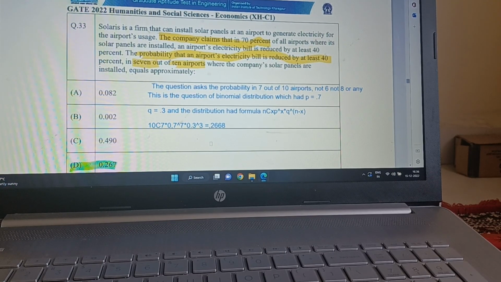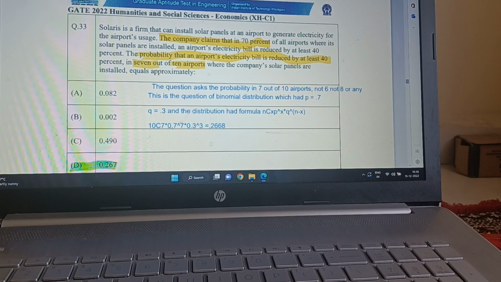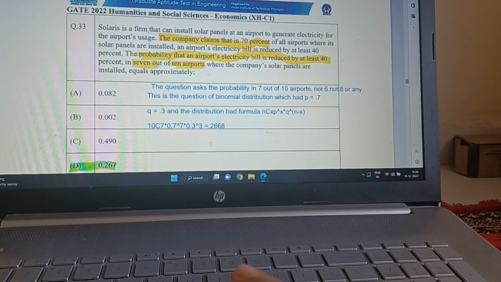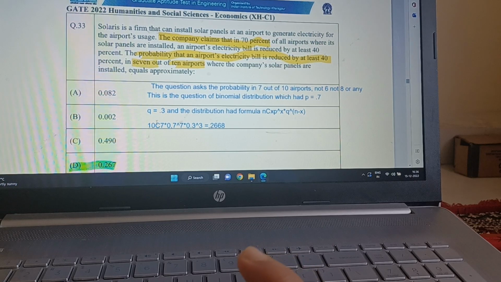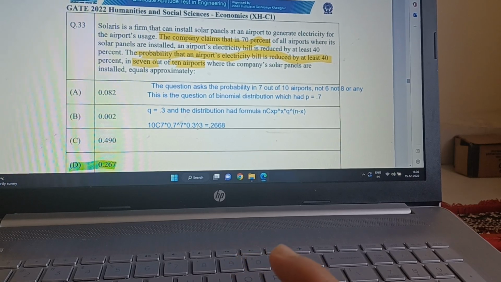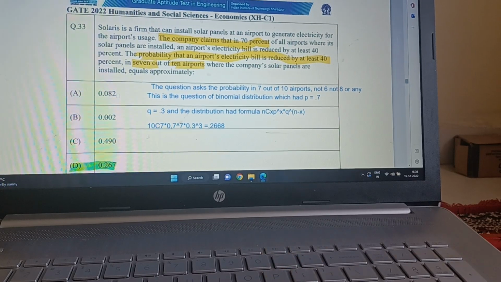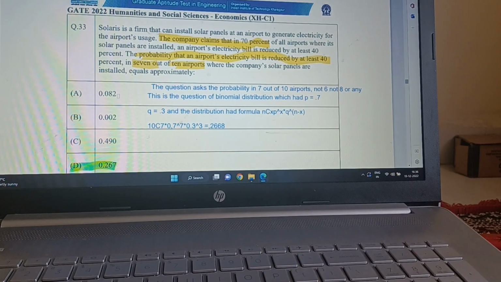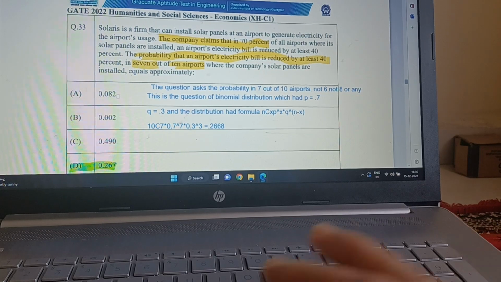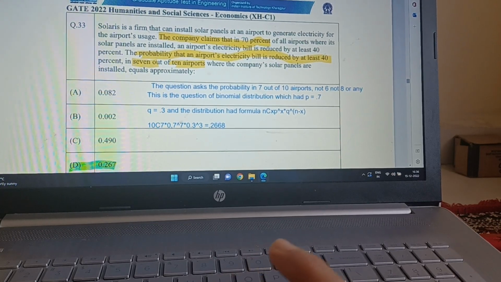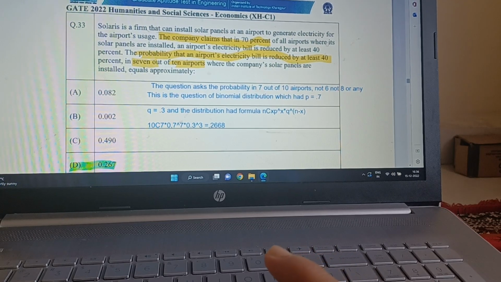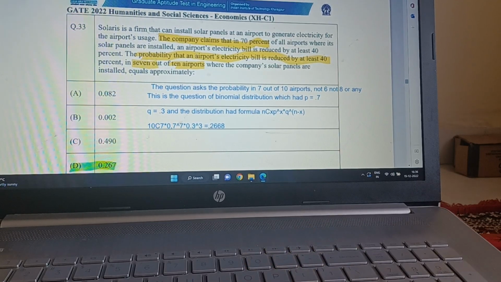What about A? Well, A is just to fool you, because if you forget to multiply by 10 choose 7 and then by 0.3 to the power 3, you will get 0.082. So that is there to confuse you. 0.002 is not possible, and 0.49 is again to confuse you. It will say that 70% of all airports reduce electricity, and then 7 out of 10.